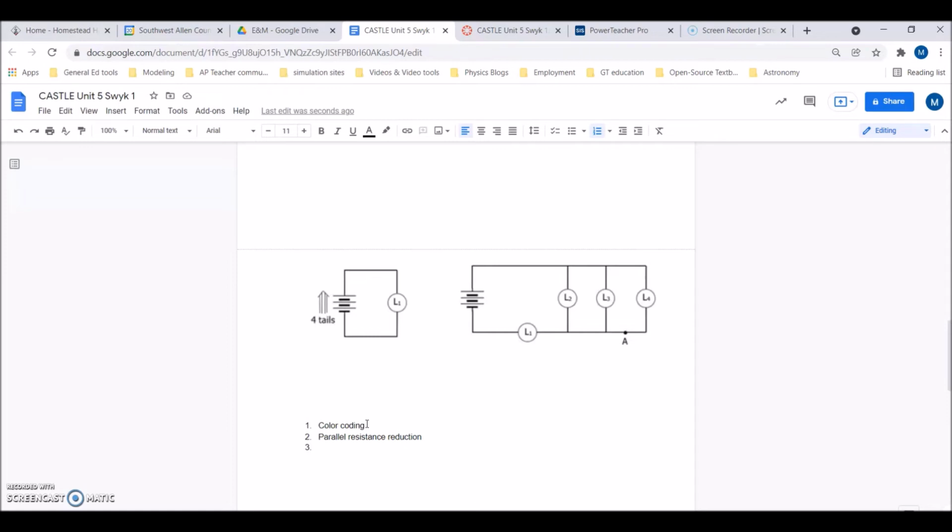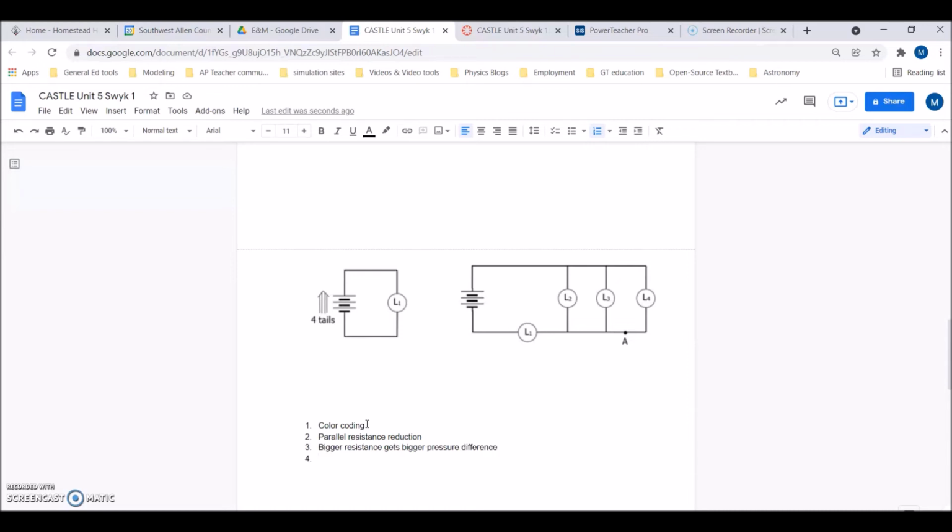Well, L2, 3, and 4 act like one light bulb with 1/3 the resistance of L1. So that means it's a smaller resistor, so it's going to have a smaller pressure across it than L1. Okay? And you should be able to figure out the proportionalities for that.